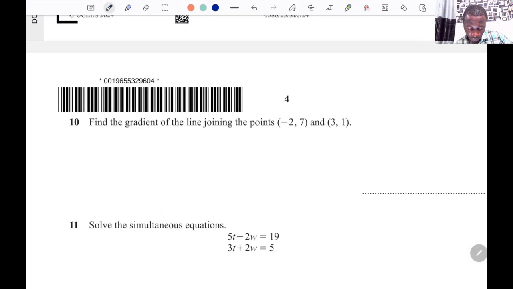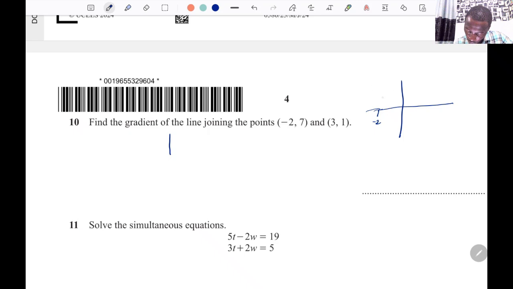Question number 10. Find the gradient of a line joining the points -2, 7 and 3, 1. Let me sketch it here. A graph there: -2 will always fall at this point, then 7 is up.